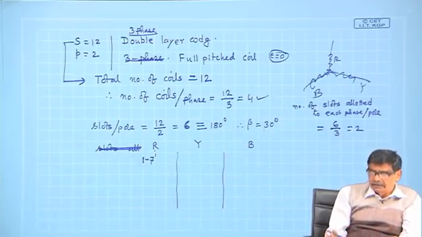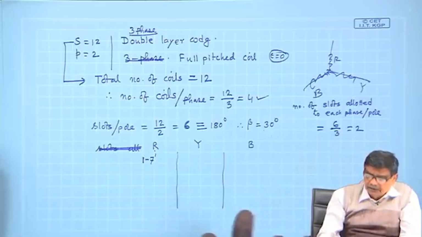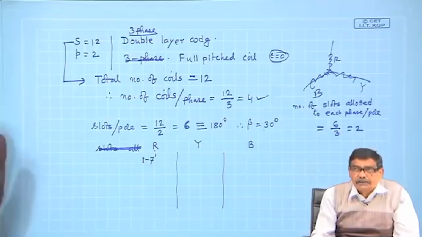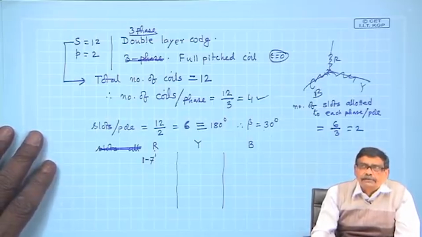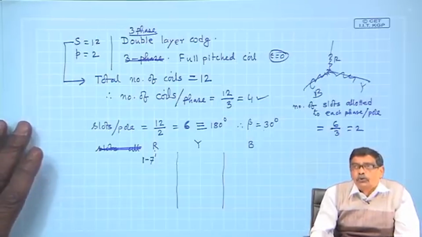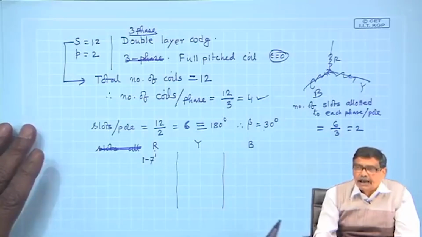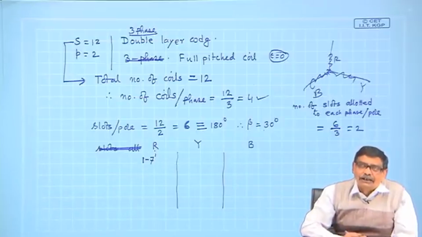Under each pole there are 6 slots available. So, I will allot equally to each of the phases, because I am thinking that this will ensure a balanced 3 phase winding. Why unnecessarily show favor to a particular phase, allotting more slots to that? It should be equal, it looks like.